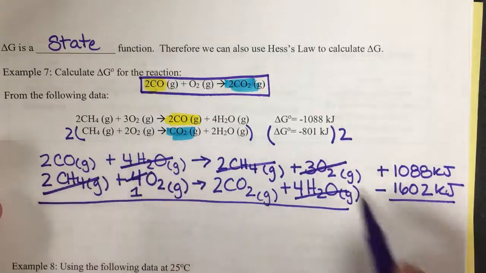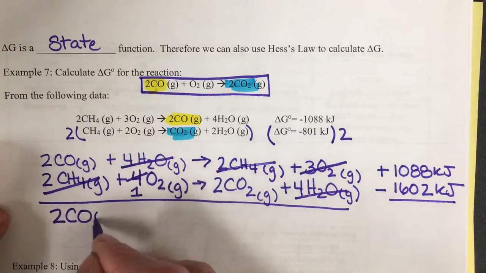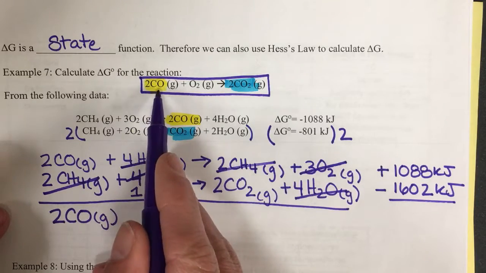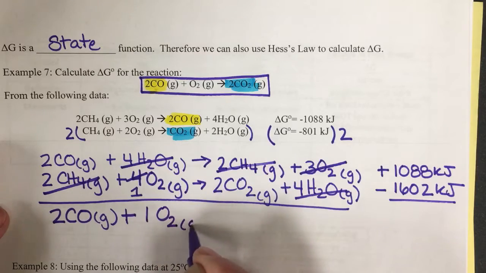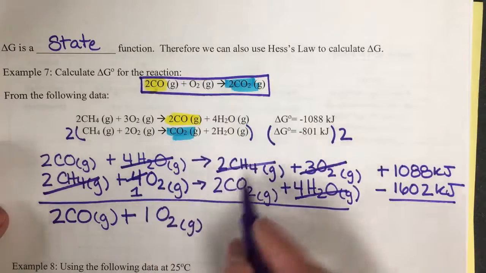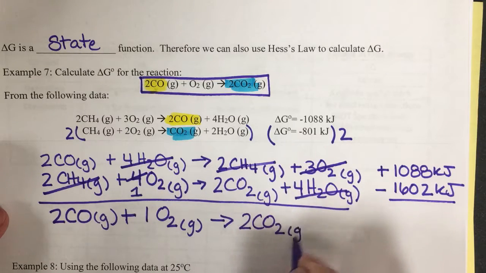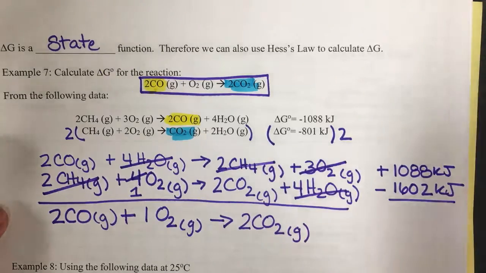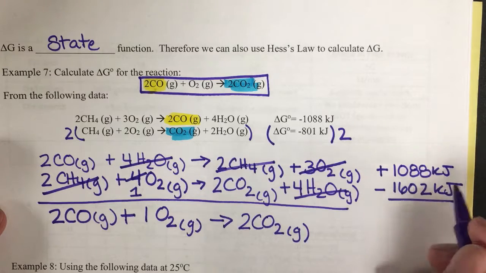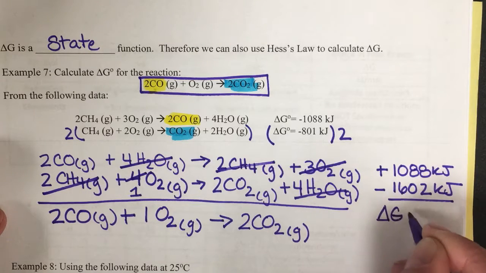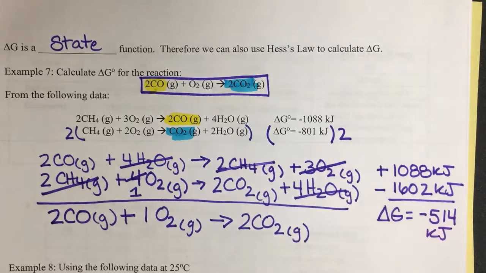So when I write everything that's left over, I'm going to have 2 COs as a gas, 1 O2 as a gas, 2 CO2s as a gas. And when I tally up this, plus 1088 minus 1602, my delta G is going to be negative 514 kilojoules.